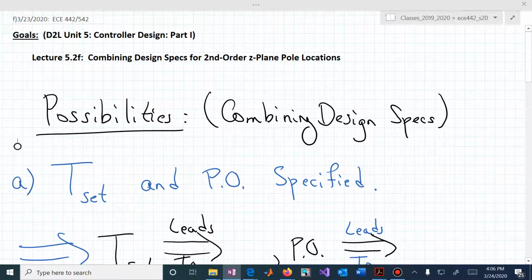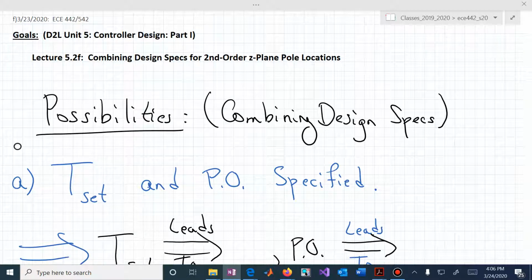We're still looking at lecture 5.2, but now let's look at what happens when we try to combine two of these different design specifications. We've looked at three design specifications: settling time leading to concentric circles, where the faster the response, the smaller the circle. We've looked at percent overshoot.